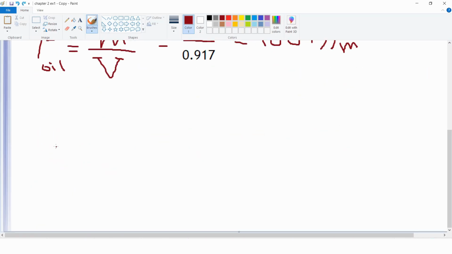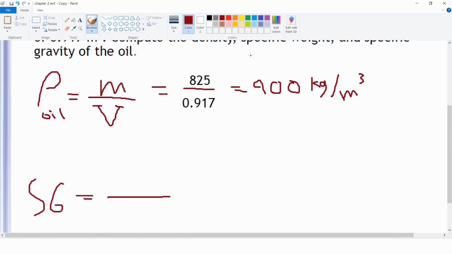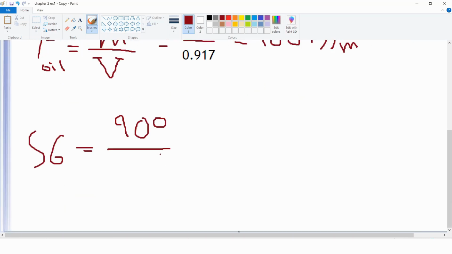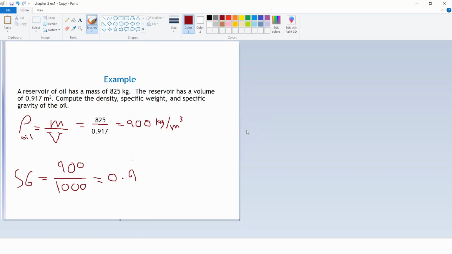Specific gravity equals the density of whatever we have in comparison to the density of water at 4 Celsius. So that's the standard temperature. So it's 1,000 kilograms per meter cubed. So this is going to give us 0.9. And that's our example. We found the density, the specific weight, and the specific gravity of the oil.